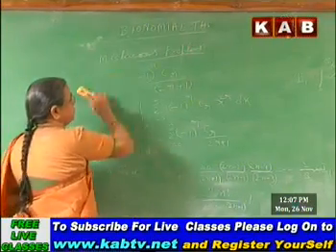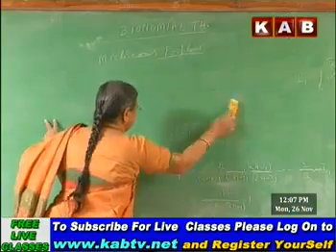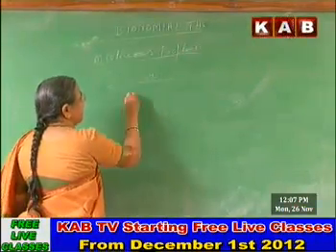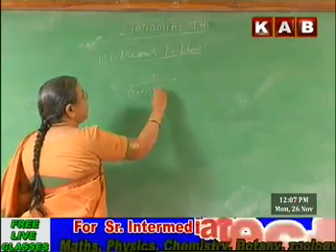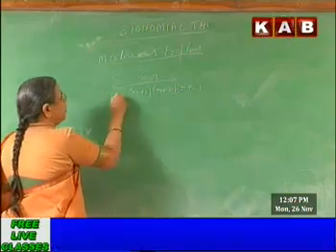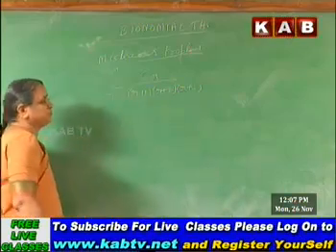One more integration problem. Find sigma nCr by r plus 1 into r plus 2 into r plus 3, r equal to 0 to n.